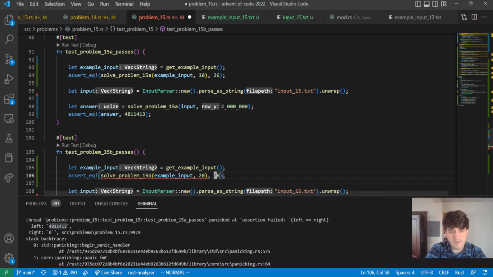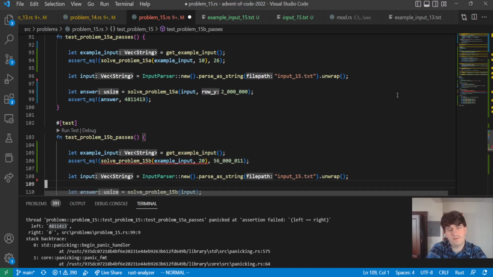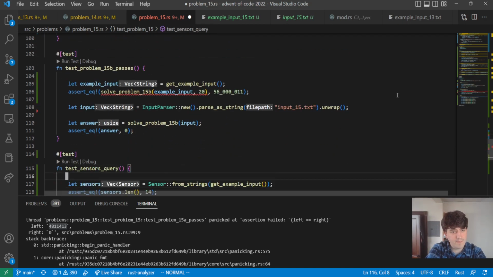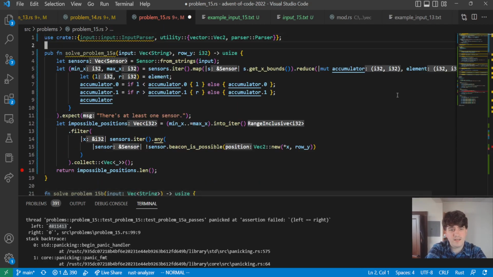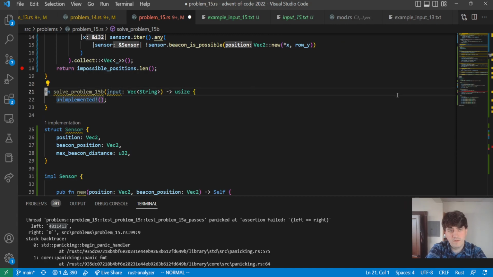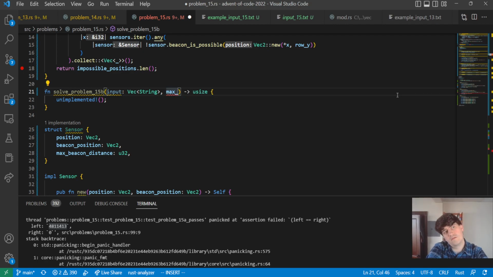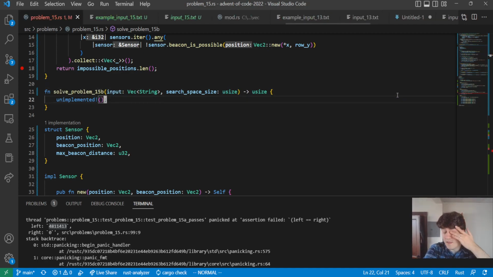And the answer is 56,000,011. Same example input. Okay, and let's go up to the top here. This is going to be max, or we can just call it search space size.